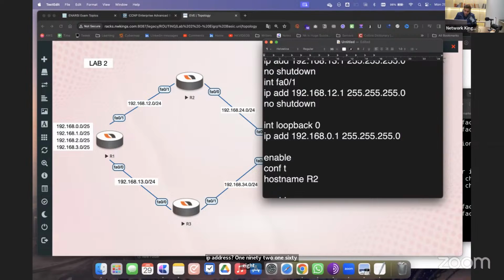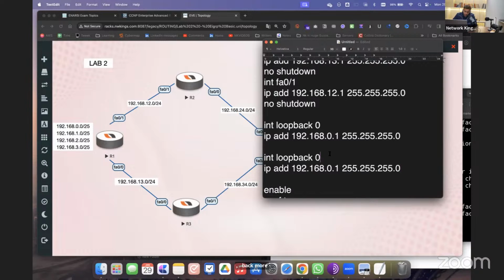I'll explain loopback more, don't worry. Right now just consider these are testing interfaces. Consider these are my departments. Maybe in future I have sales, marketing, support, or admin, four departments. So this network belongs to my sales department. This is for the marketing department, 1.1.